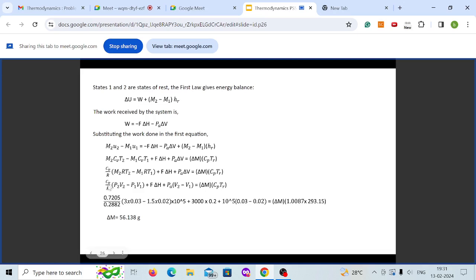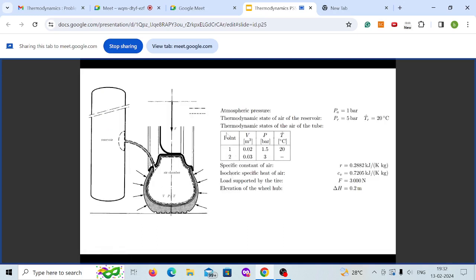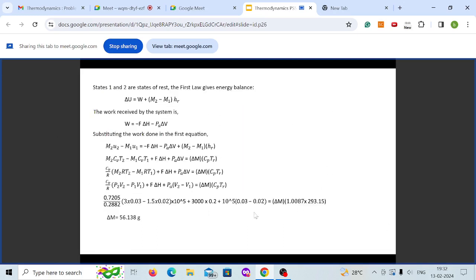We are substituting Cv, which is given as 0.7205, and R as 0.2882. Your pressure at state 2 is 3 bar, volume is 0.03. Pressure at state 1 is 1.5, V1 is 0.02. This is given in the table. We multiply by 10 to the power 5 to convert pressure from bar to Pascal.